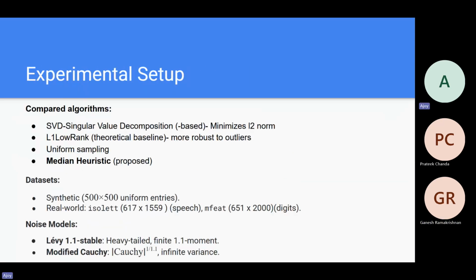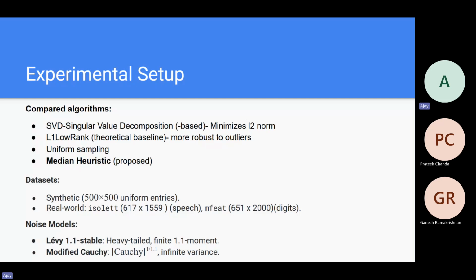So here is our experimental setup where we have compared algorithms, as given in the research paper. It is not completely given how we are using the other three algorithms. It is given about the median heuristic, which is our algorithm 2. We are using synthetic data of 500 by 500 uniform entries and real world data from isolet and mfeat.